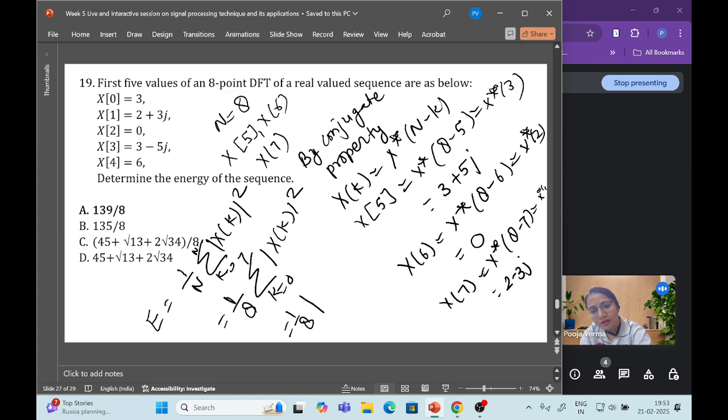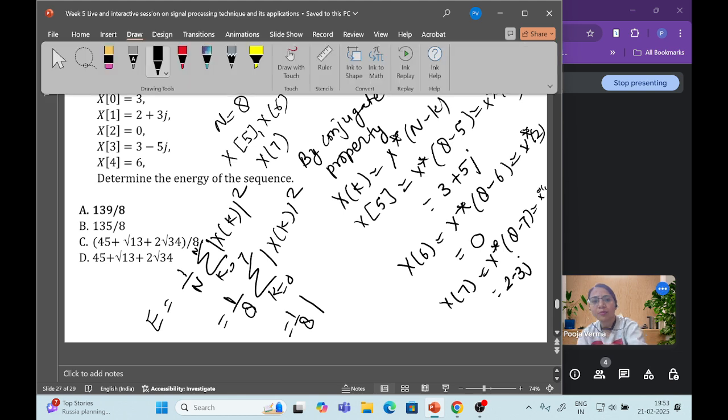Now 1 by 8, the summation of all these values. So I'm removing it from here. Okay.